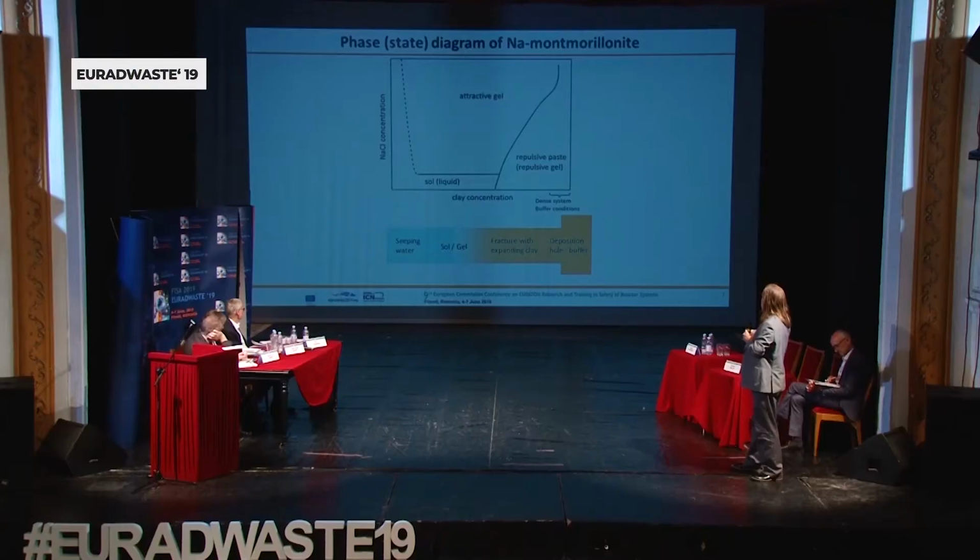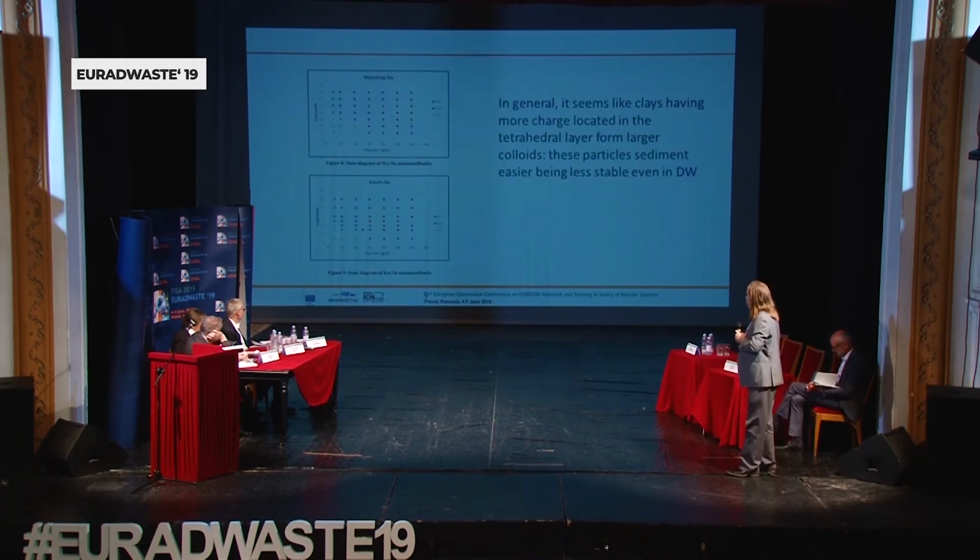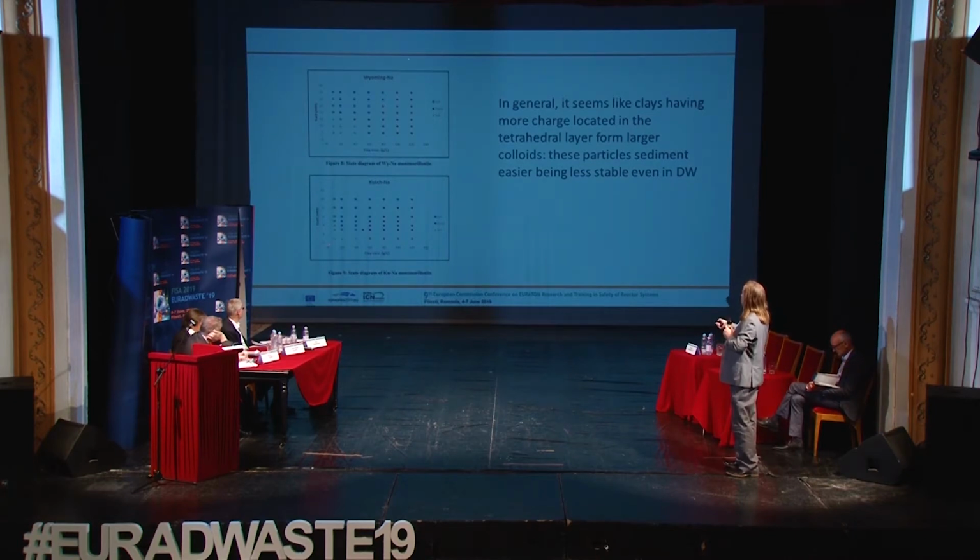And if you look at this in the deposition hole, you have a buffer with the expanding clay, you form a sol or a gel, and the sol can be transported away with the seeping water. This is hard to see because it's not very clear, but these are the different phases for two different bentonites, one Indian and one Wyoming.